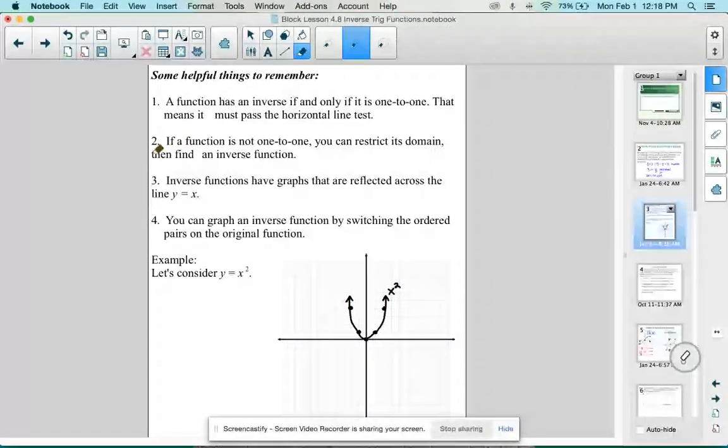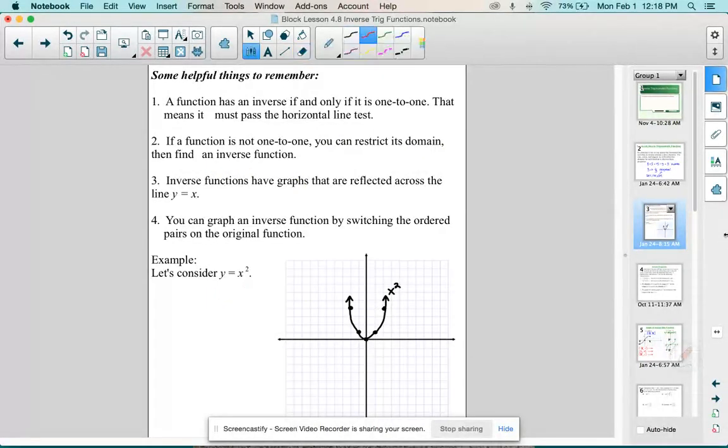Okay? Step 2. If a function is not 1 to 1, which ours is not, you can restrict its domain and then find an inverse function. So restricting the domain, let's write this down. Restricting the domain is something that you will do just to make the graph 1 to 1.